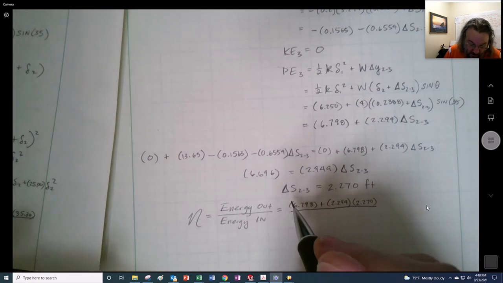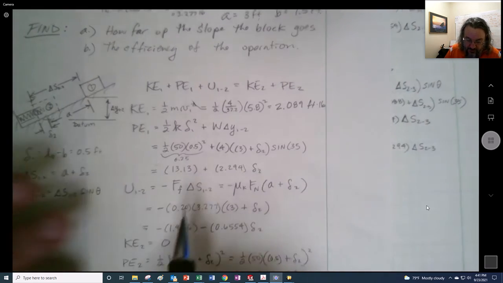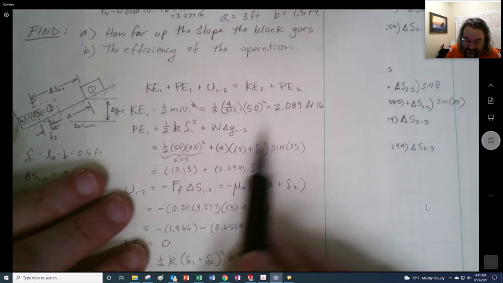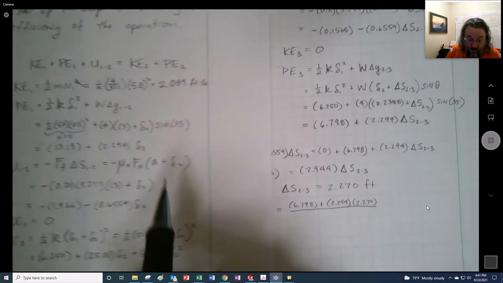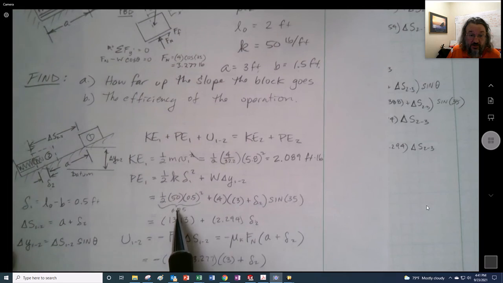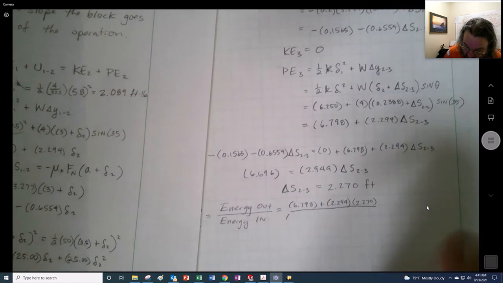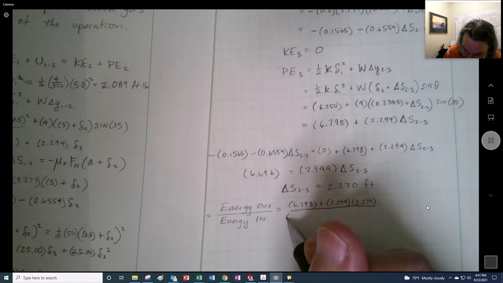Alright, and so now our energy in is going to be our potential energy and kinetic energy, right? So we need to have all of the energy that it started out at state 1. So it's going to be this potential energy and the kinetic energy together. So let's write those in there.